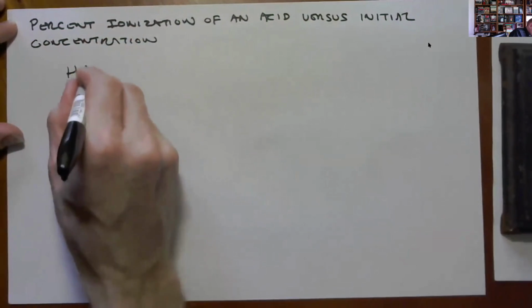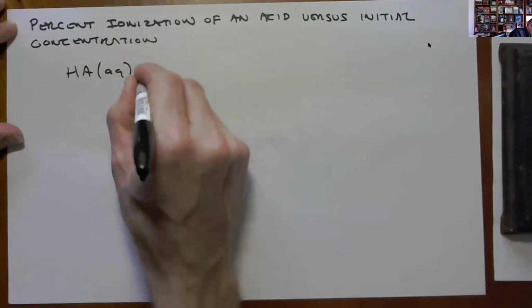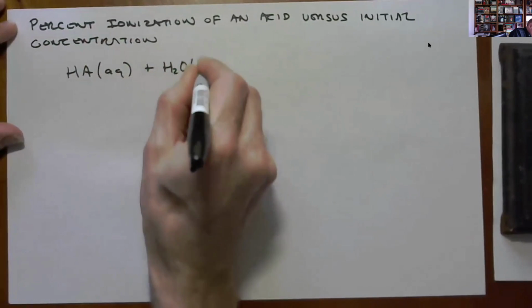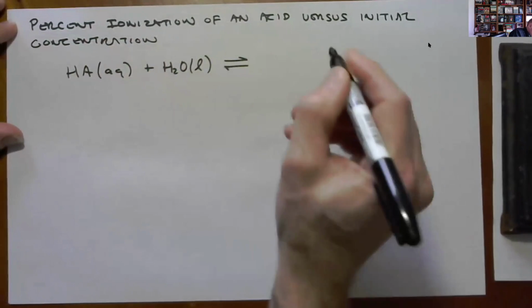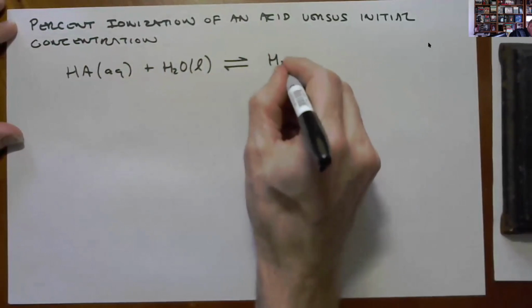So consider a generic acid. This develops hydronium.